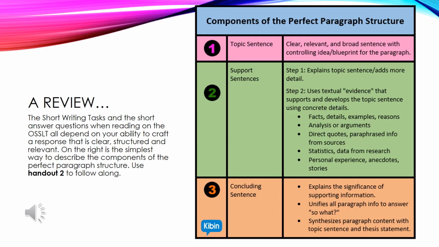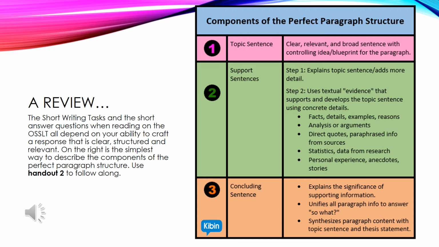You might be asked to use direct evidence from the reading, and so you'd have to include a quotation. For the short writing task, though, you do not need to include a quotation. Any other personal experience examples or anecdotes? These all go in the center. These are your supporting sentences. The supporting sentences should also have transitional words and phrases within them. Things like, for example, on the other hand, for instance, therefore.